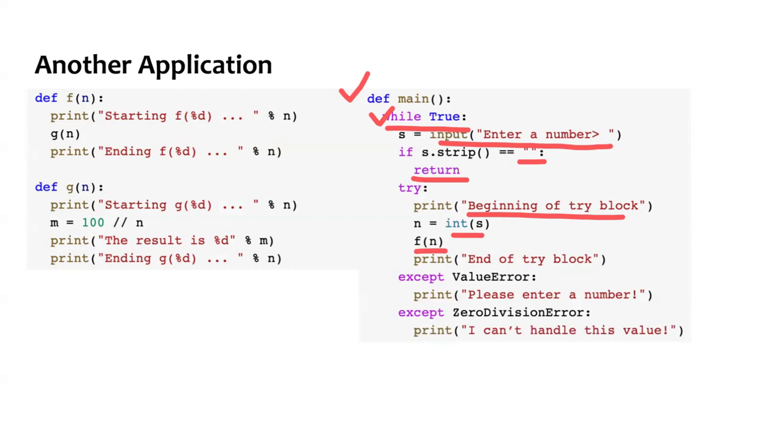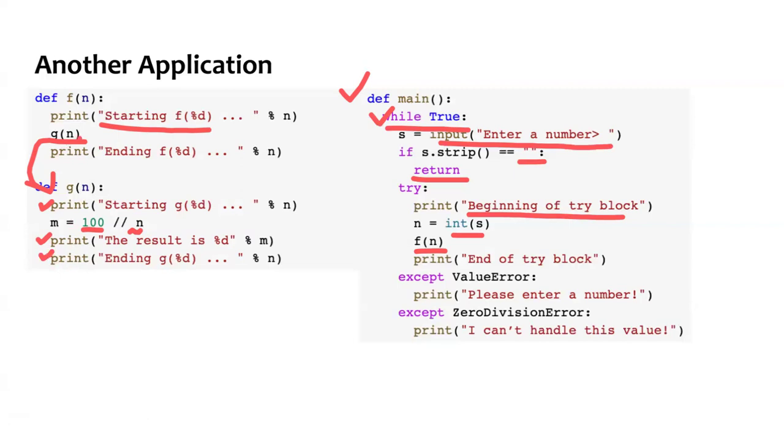f. What this function f does is print starting of f and call g. And before ending f, it goes to g like this. This g function divides 100 by the n the user inputs, but it prints first, hey, the function g is starting, and then prints out the result, and then ends the function.